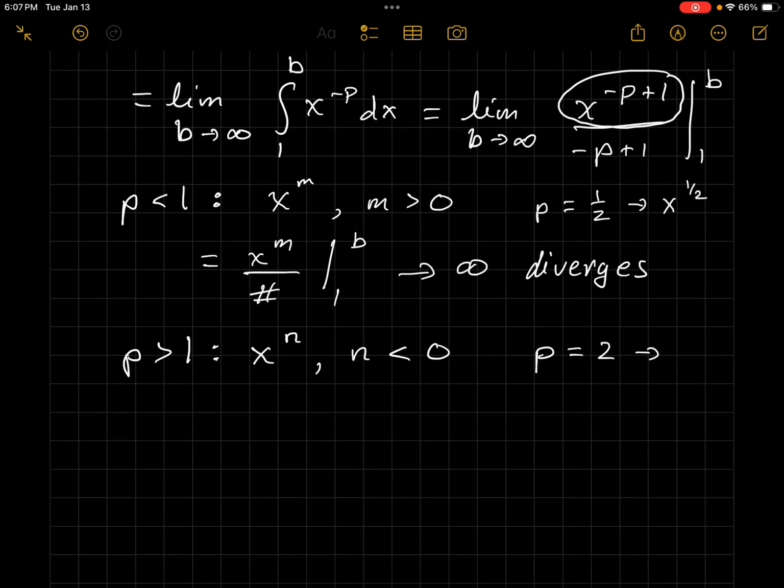If I do negative 2 plus 1, I get negative 1, which means we'll end up with x to some other power, I'll go back to m, where this x to the positive power is in the denominator. So when we plug in infinity, we will get 1 over infinity, which goes to 0. Which means the integral will converge.